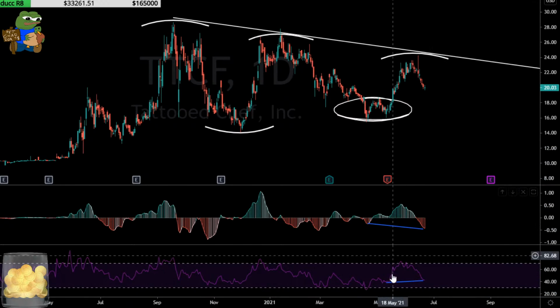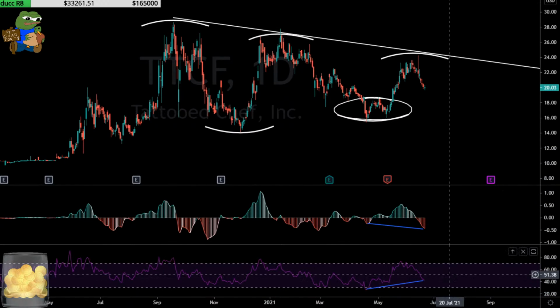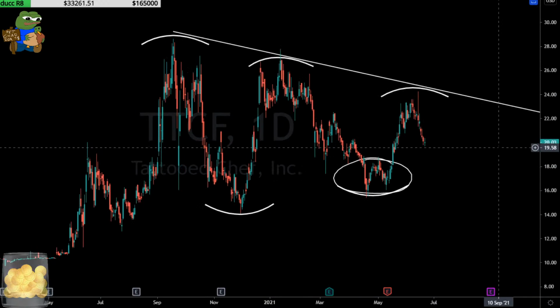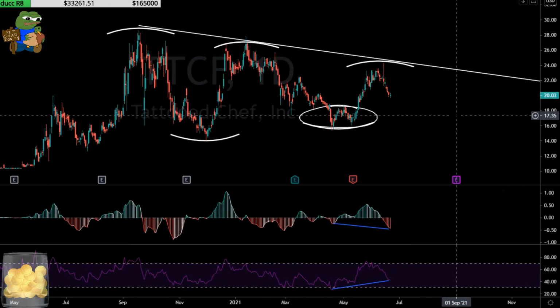Bullish convergence, hidden bullish divergence. Either way, those are bullish, and they're happening right now.